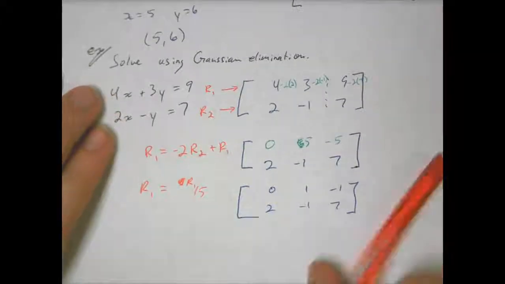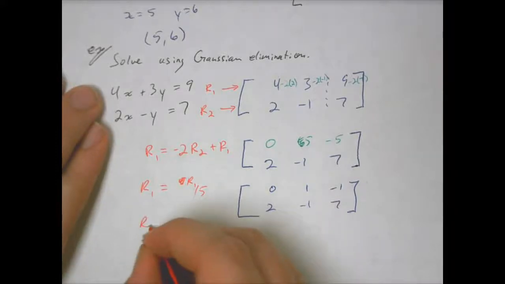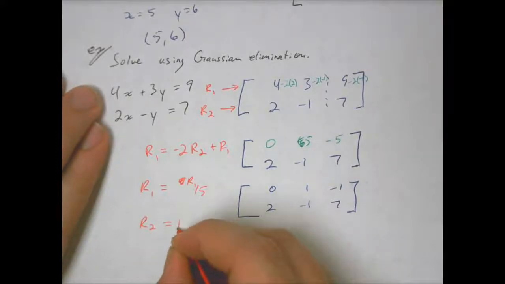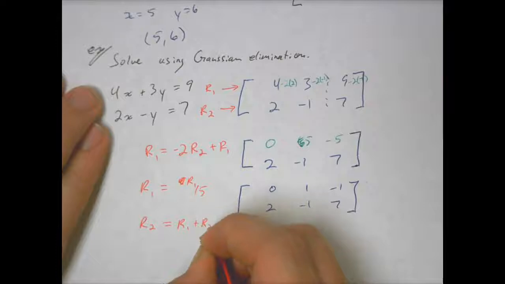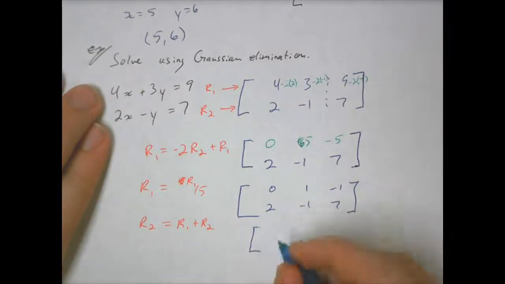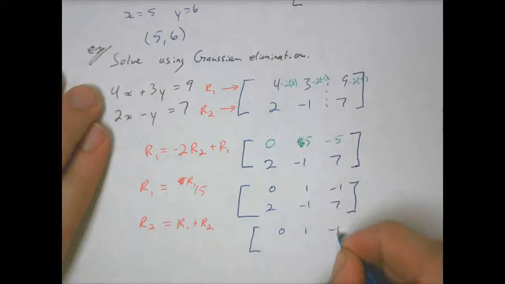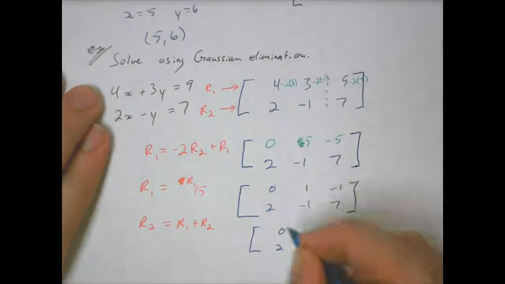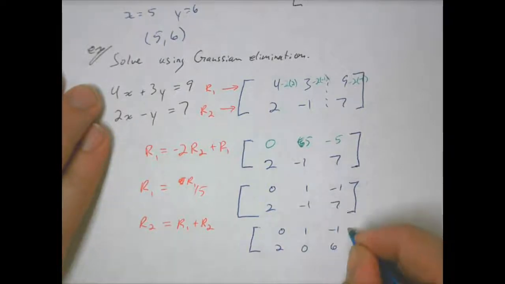So let's do that. Let's make row 2 now row 1 plus row 2. If I do that, I have 0, 1, -1. If I add 1, that's 2, so 0 plus 2 is 2. 1 and -1 make 0. -1 and 7 make 6.